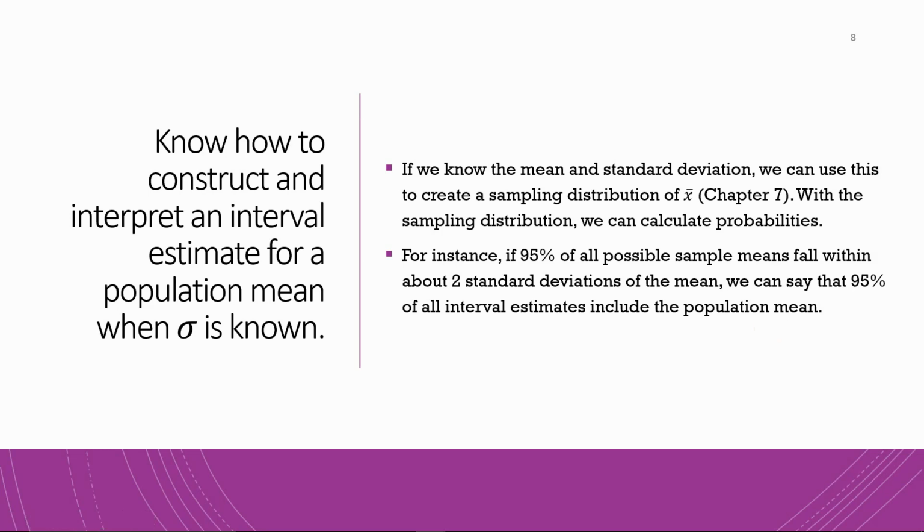Remember, in our previous video, we were talking about Hillary and Bernie, and we had those interval estimates, and then we said, hey, we're 95% confident that the true population parameter lies somewhere in that interval estimate. This is where it comes from, right? Understanding conceptually that we have this idea of a sampling distribution, and we create an interval estimate, and that we are so certain, 95% for example, that interval estimate truly includes the population mean.